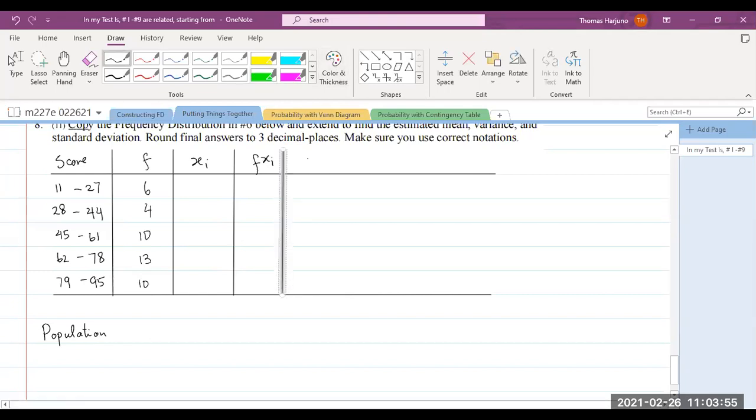And then xi squared. And then f xi squared. Now the thing is, the heading here is something you need to memorize in the test.